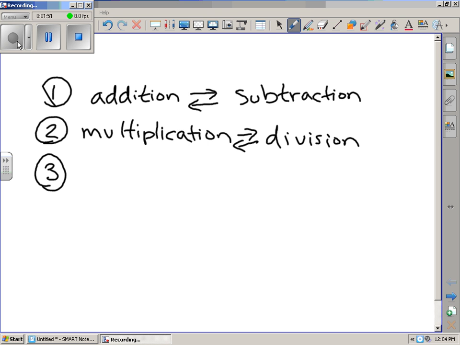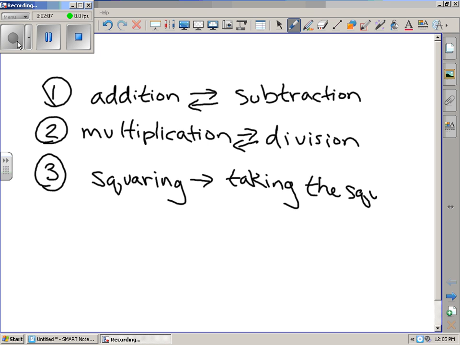Number 3, this is something else we've been using. The inverse operation of squaring something is taking the square root. And the inverse operation of taking the square root is squaring something.